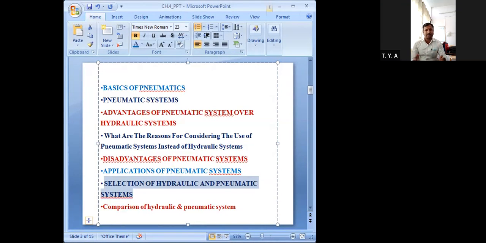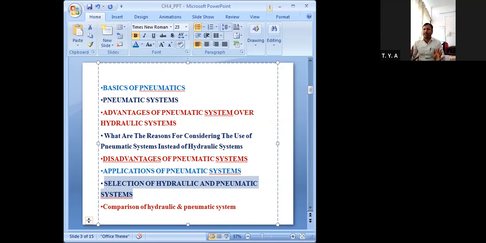Because for any given application, the applications I have told in the hydraulic section also are common to both, but we should be able to select the proper system, whether pneumatic or hydraulic, for any application.